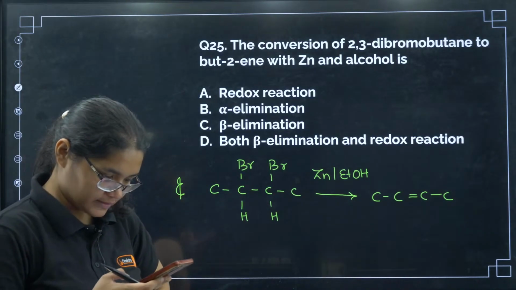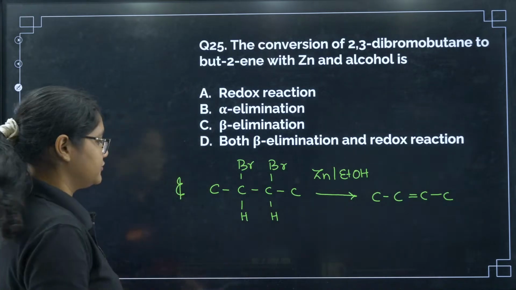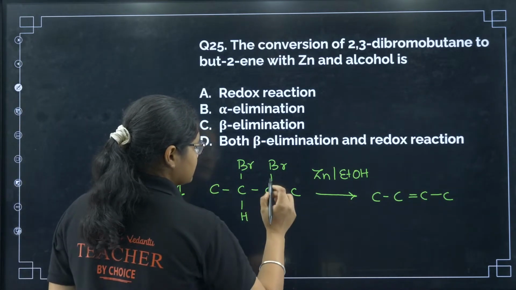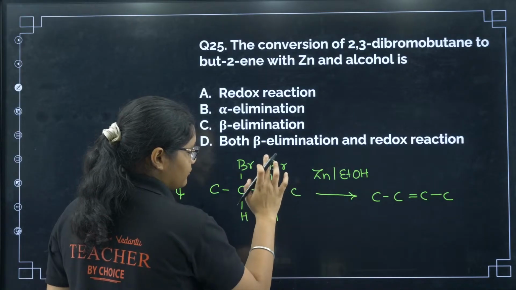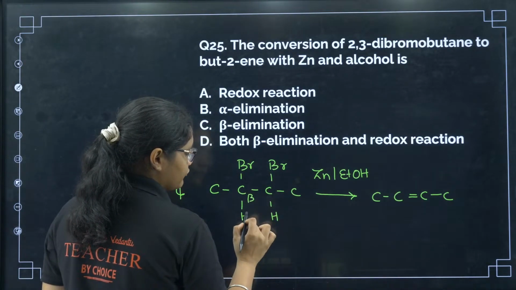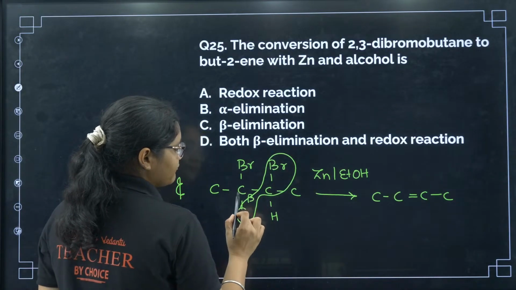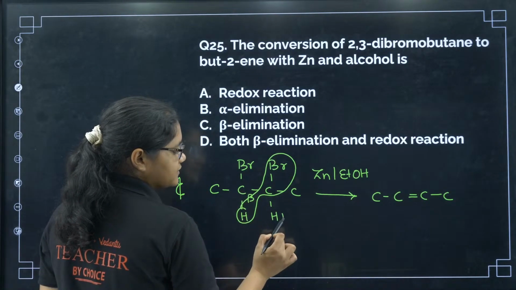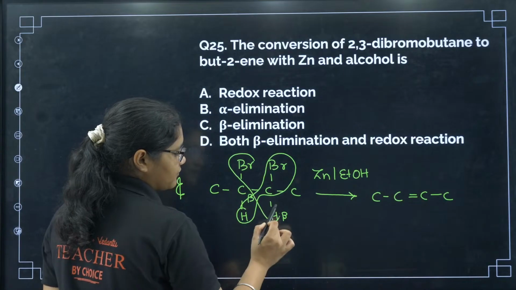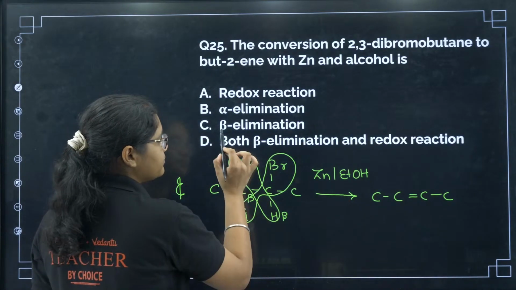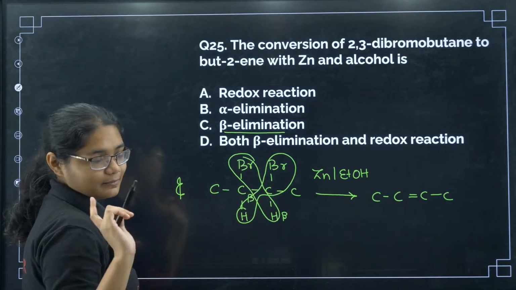Why so? This is wrong, dear. See, first of all, with respect to this bromine group, this is the beta hydrogen, right? So HBr will be removed from here, and if I talk with respect to this bromine, this is the beta hydrogen, so here HBr will be removed. So definitely it is beta elimination, not alpha elimination.